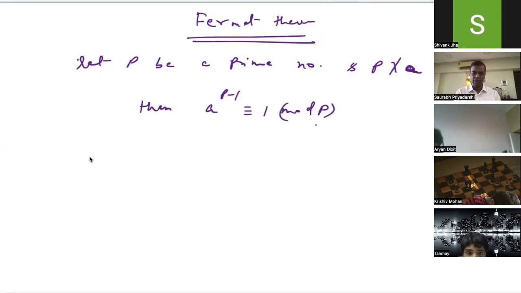This is a simple, basic theorem, and obviously you'll get questions on this. बहुत सारे variety के question will get. P must be a prime number, right? And A and P are co-prime to each other.